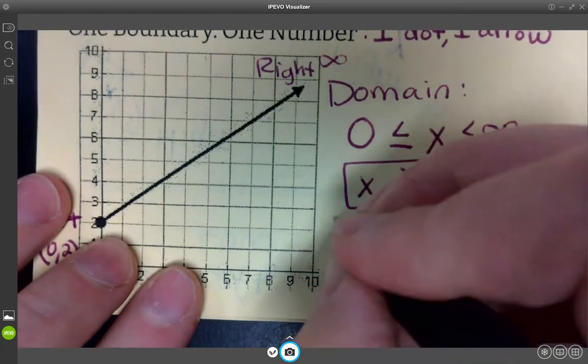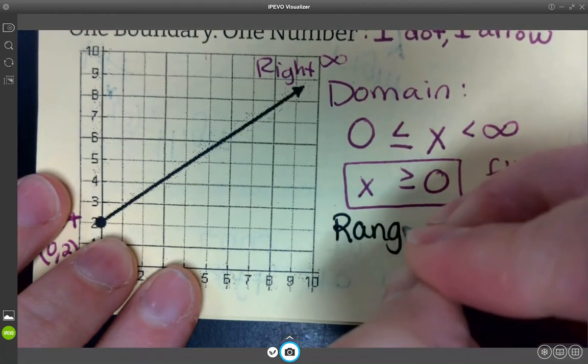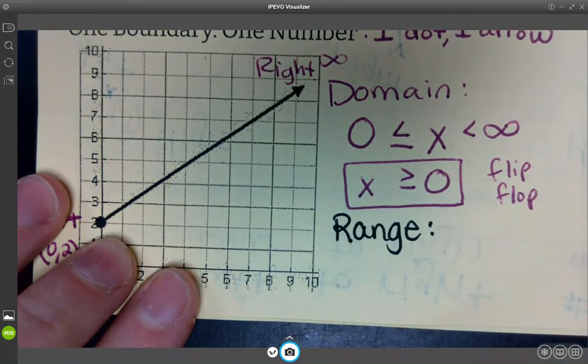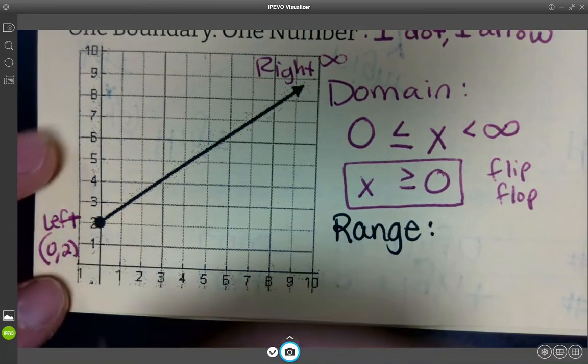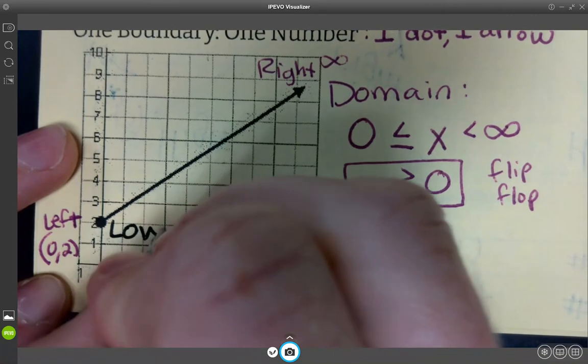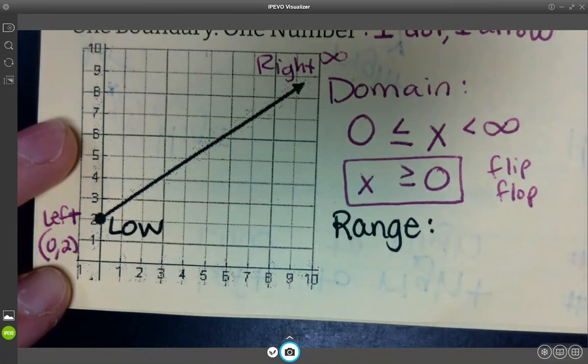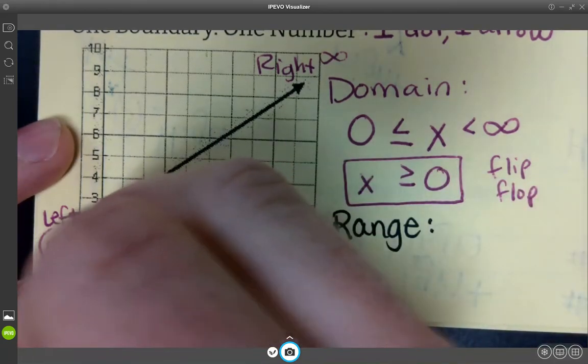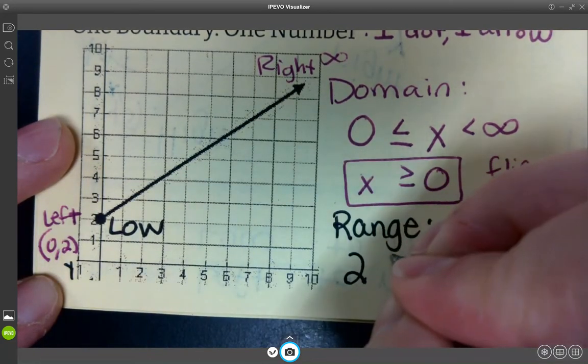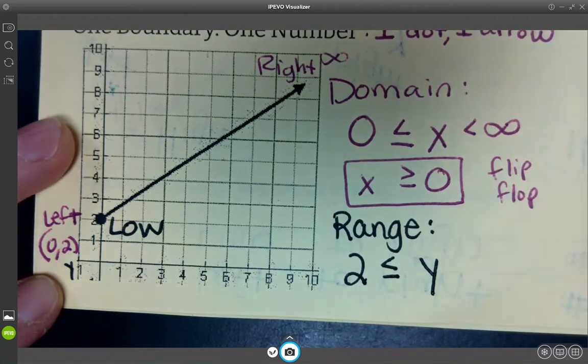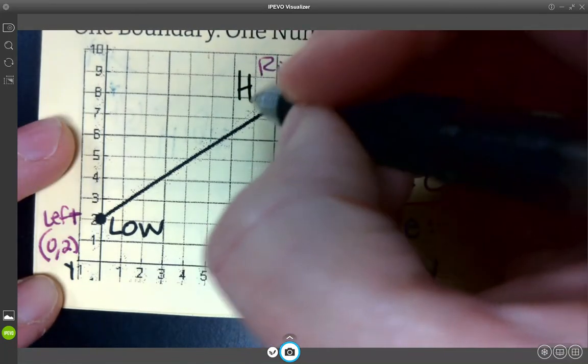Okay, let's look at range now. So range is low to high. So we look at low. This is my lowest point. What's the y value of the low? 2. So it's going to be 2 less than or equal to y. What's the high?